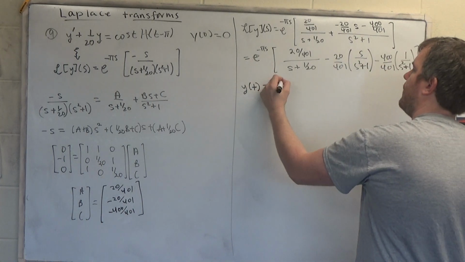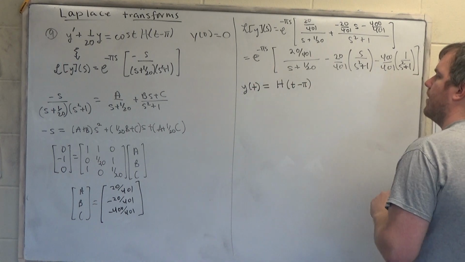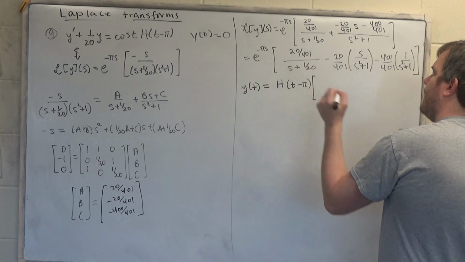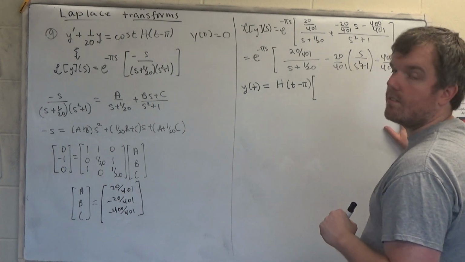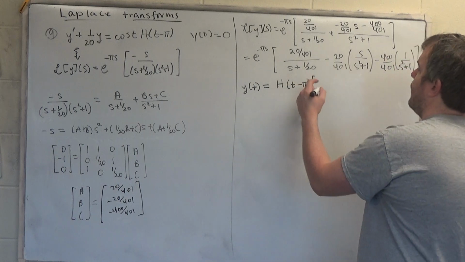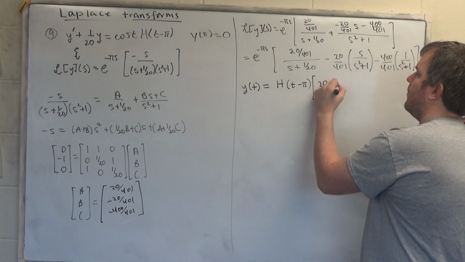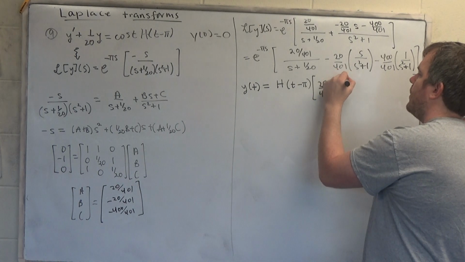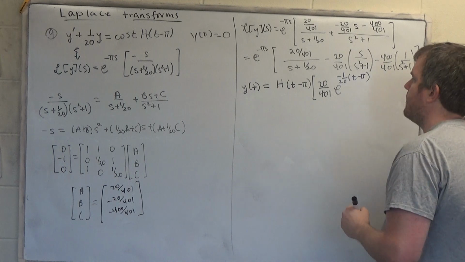First, we deal with the Heaviside function. The exponential leads to the Heaviside function. And then I have to remember that all of the t's in this box are going to be actually t minus pi's. So the first term is 20 over 401 times e to the negative 1/20th t, but it has to be t minus pi.